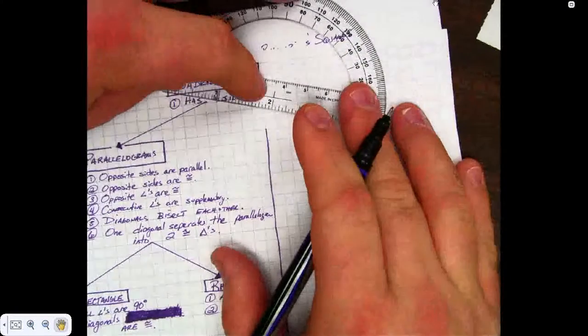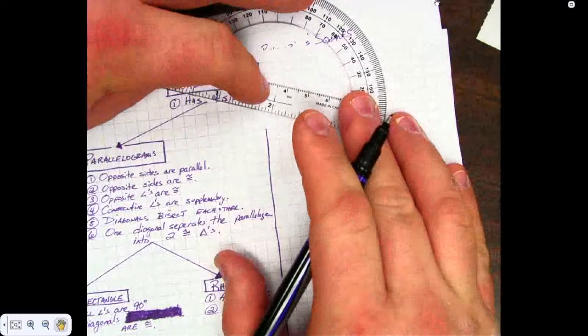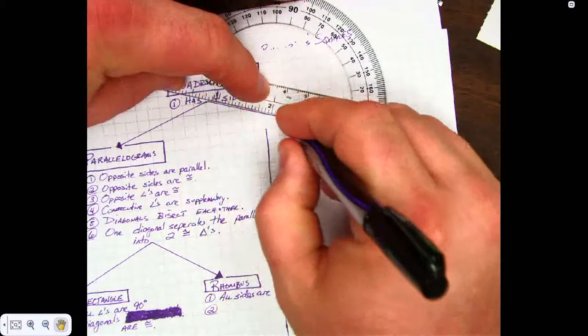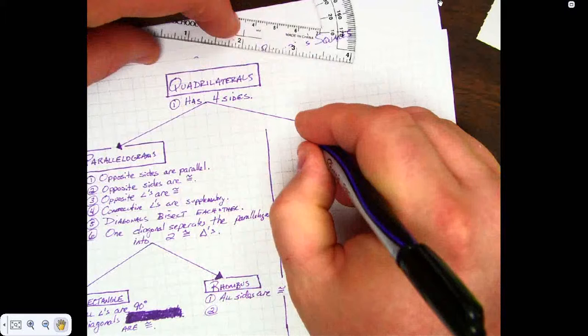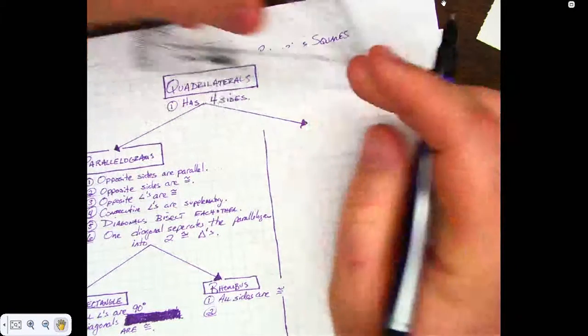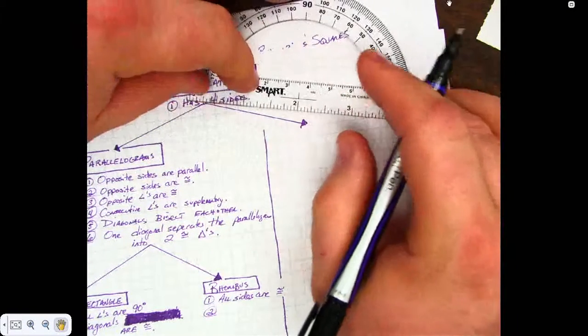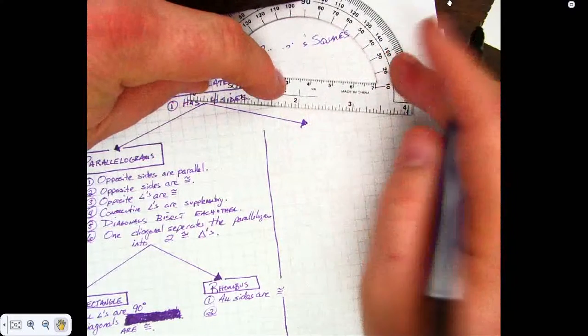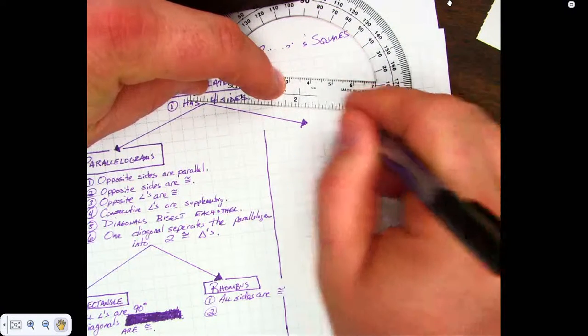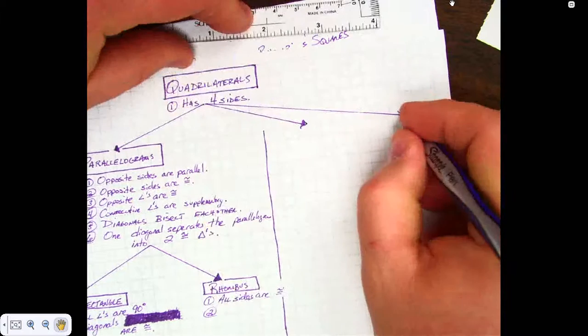just so you know, we're going to have something right here. So you need to leave room for that, because we'll add on to our flow chart.